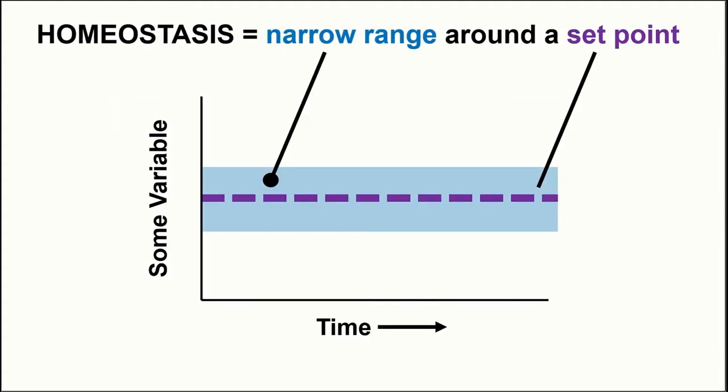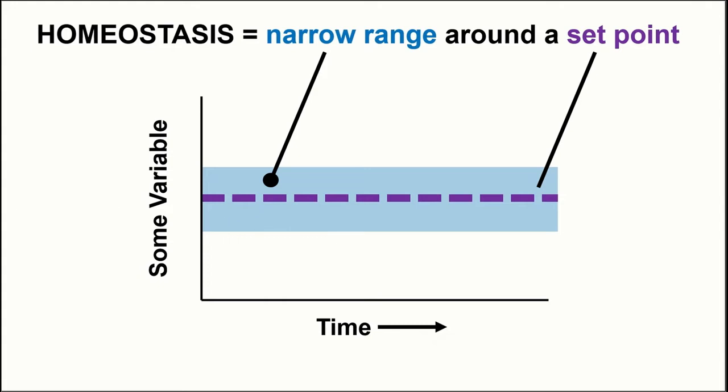So the term homeostasis refers to these stable internal conditions, even though the outside world is changing continuously. Now I'm going to explain homeostasis graphically, because homeostasis can be viewed as a narrow range in this blue shaded region here around a set point, which is represented by this horizontal purple dashed line.